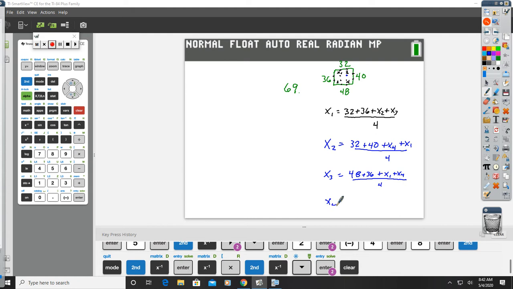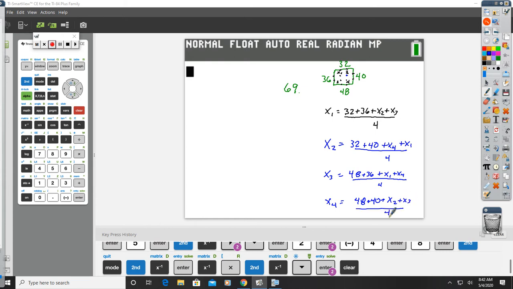And then x4 is right here, so that's 48 and 40, plus x3 and x2.